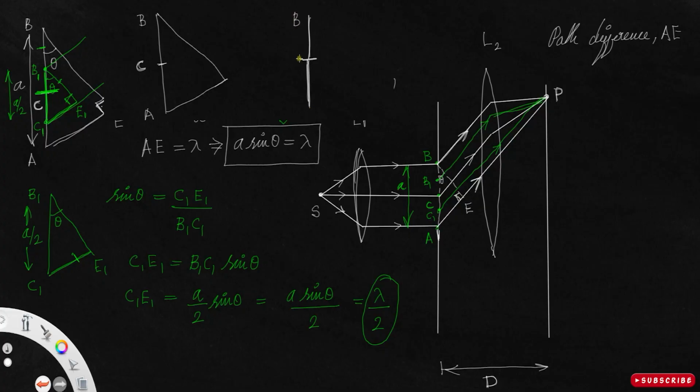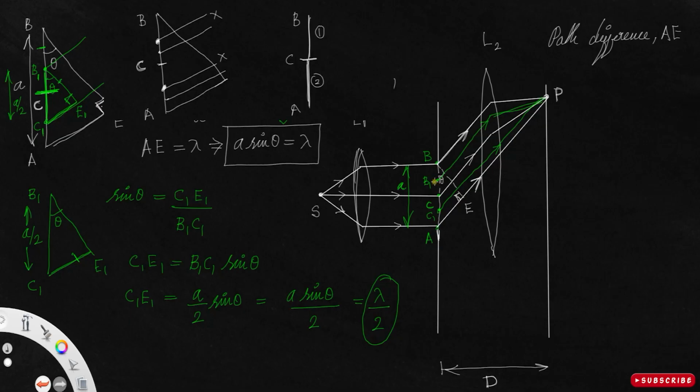So every point from B is cancelled by a corresponding point in the second slit. Similarly, all the points in the first slit are cancelled by corresponding points in the second slit.